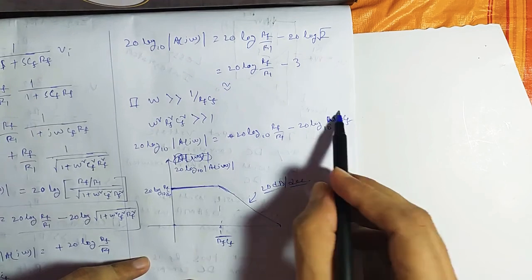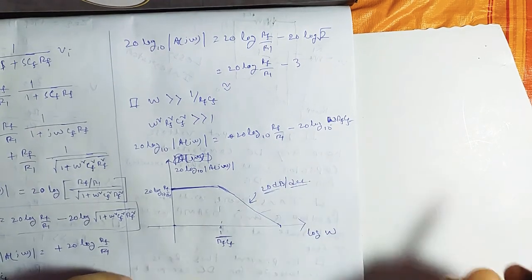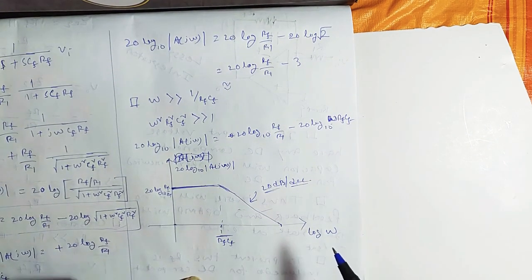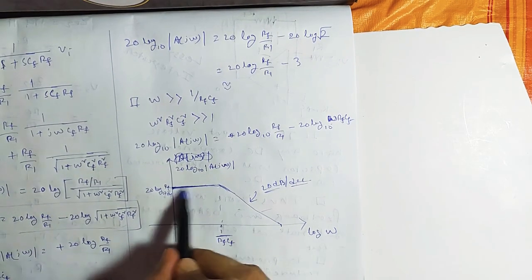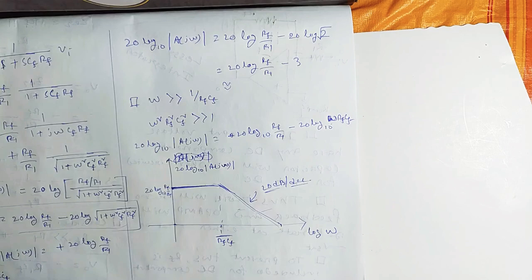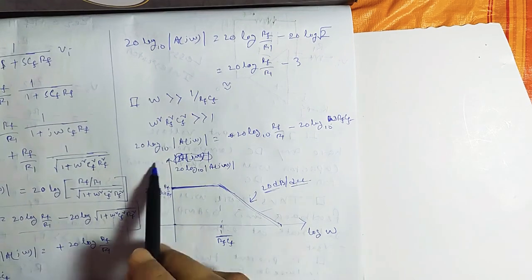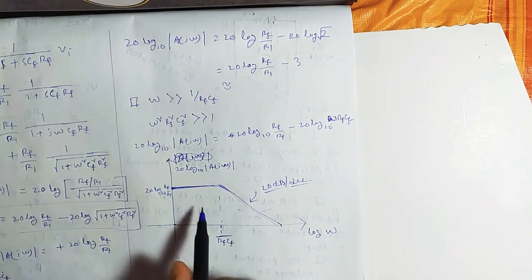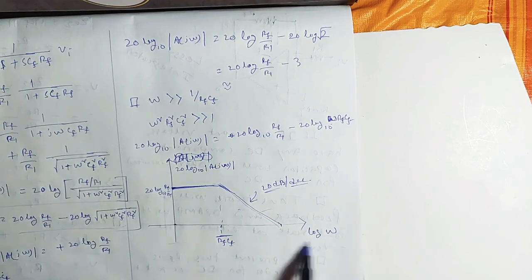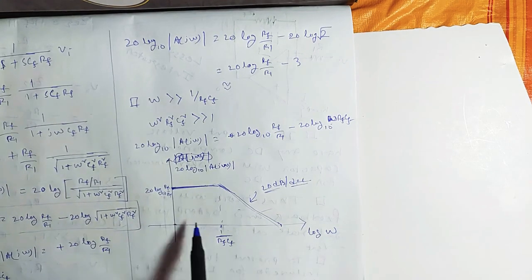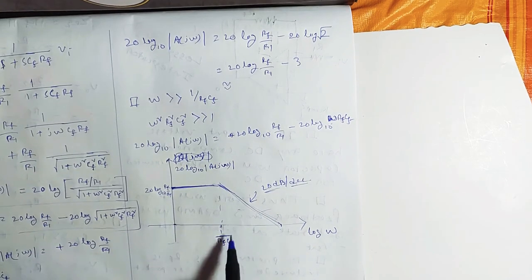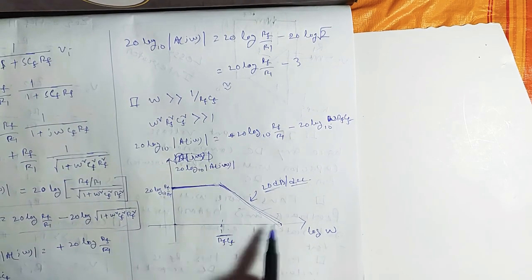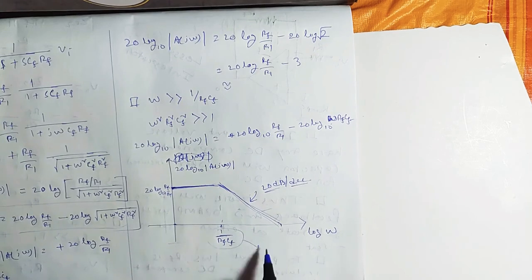That will be the plot of this practical integrator, and it acts like a low pass filter, because at low frequency you have higher gain, and after some frequency your gain decreases. This corresponding frequency is known as the cutoff frequency.